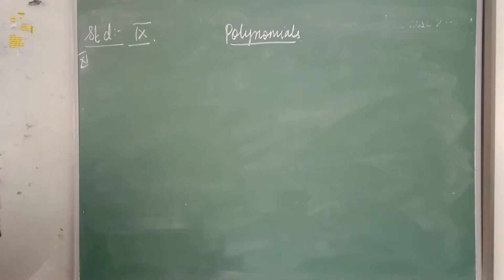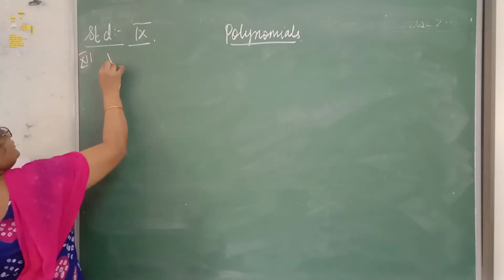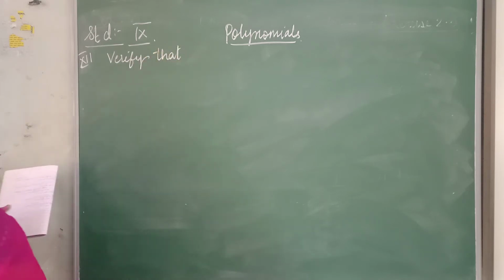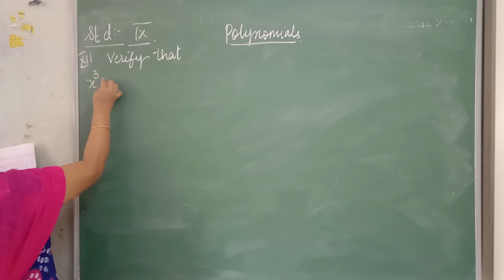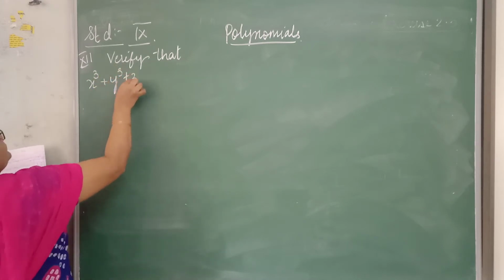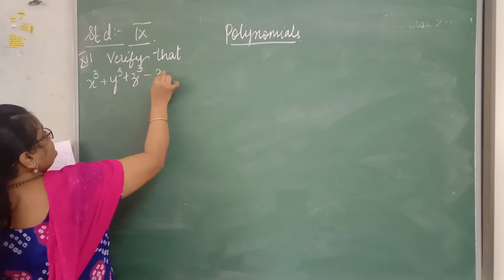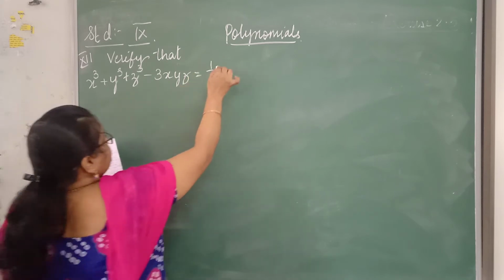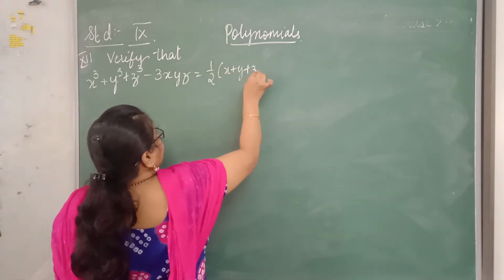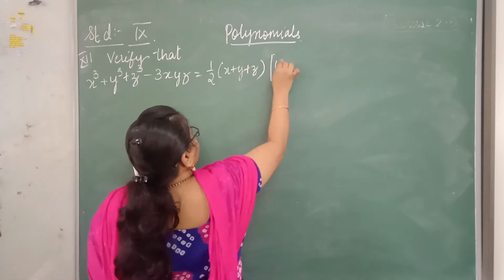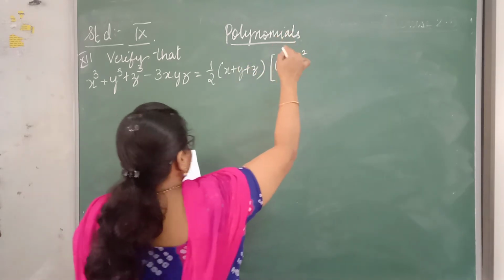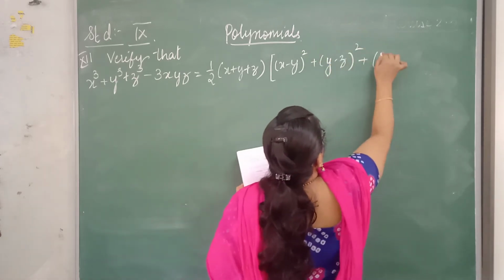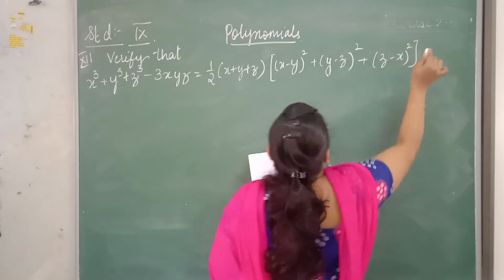In 12th main, the question is verify that x cube plus y cube plus z cube minus 3xyz is equal to 1 by 2 into x plus y plus z into x minus y the whole square plus y minus z the whole square plus z minus x the whole square.